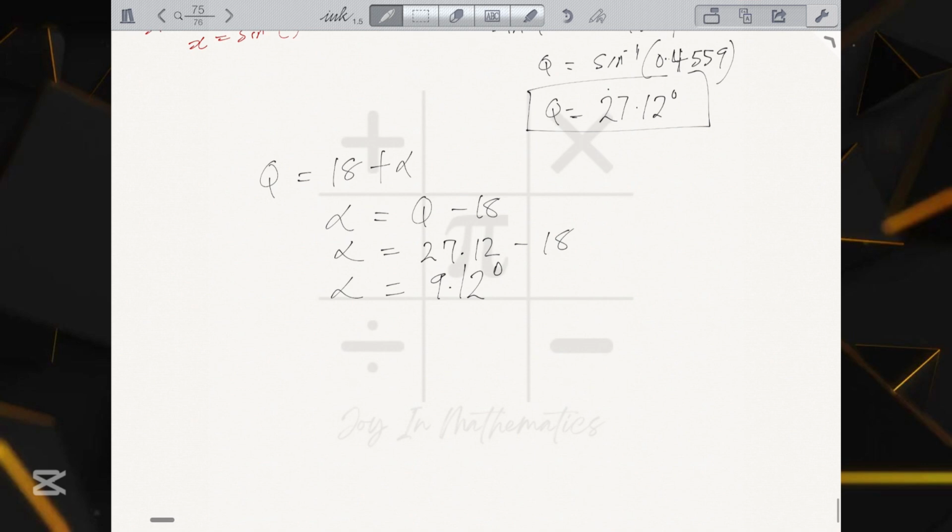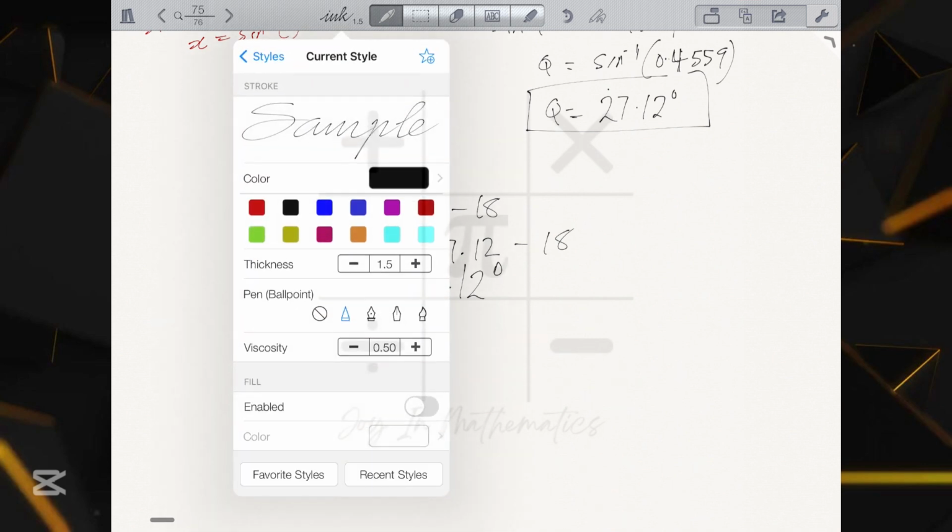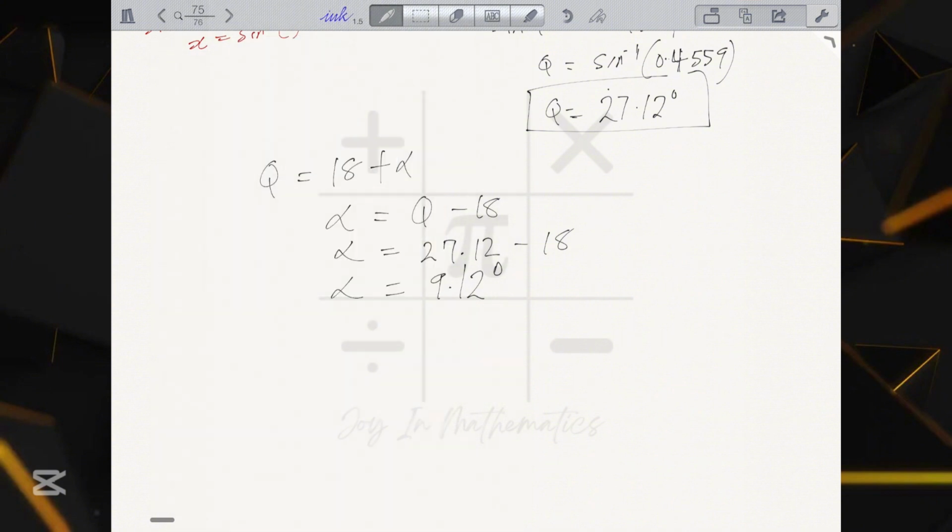We can write this as a compass bearing: north 9.12 degrees east, and in terms of the true bearing we will write it as 009.12 degrees. So any of these answers would work.